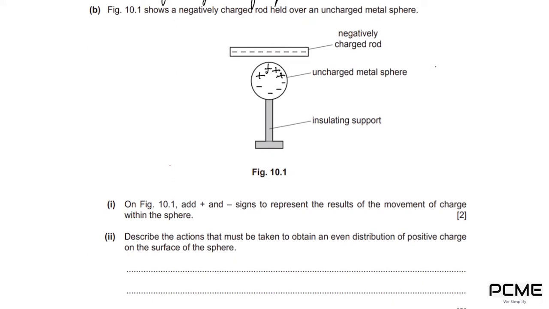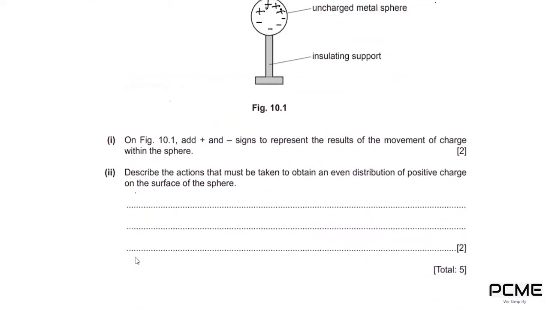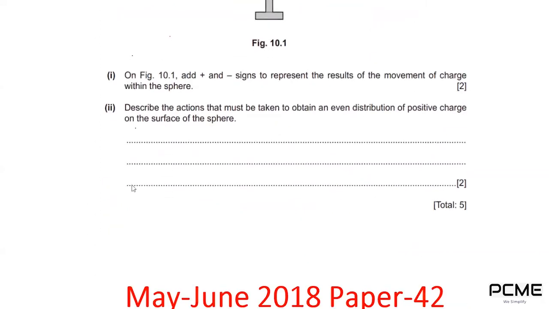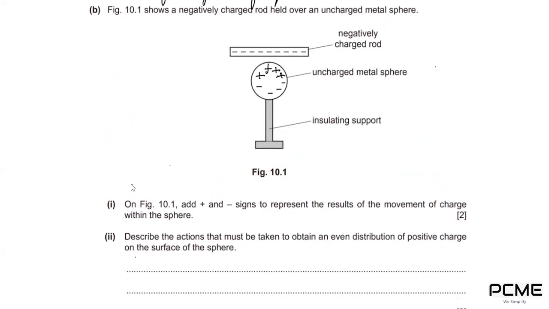Okay, now number 2 is: describe the action that must be taken to obtain an even distribution of positive charge on the surface of the sphere. This is a similar question to the one we just discussed in the previous paper. That will be connecting the earth wire, then removing the earth wire, and then removing the rod.